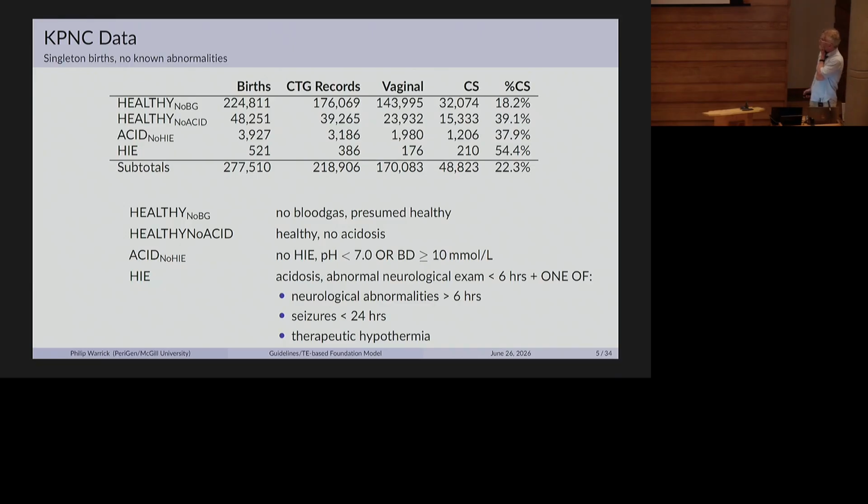And then HIE, we're trying to focus on HIE due to perinatal events and not chronic HIE. So we start by saying there has to be evidence of acidosis with the caveats that have been mentioned earlier, plus some neurological signs early in life and later for seizures up to 24 hours. And any one of these 3 signs can put us in the HIE group.